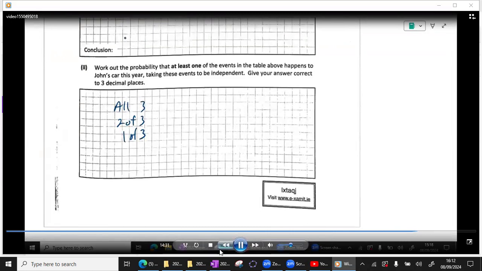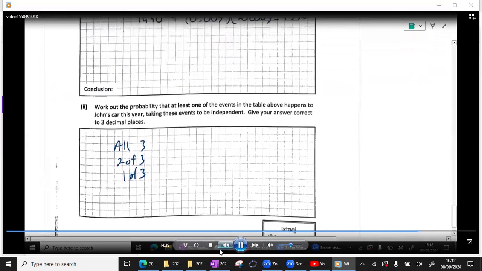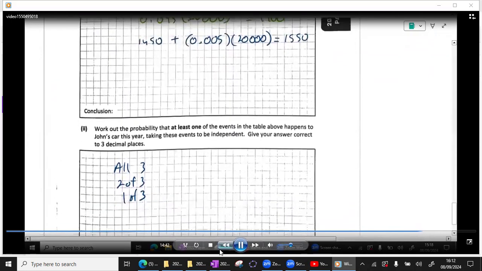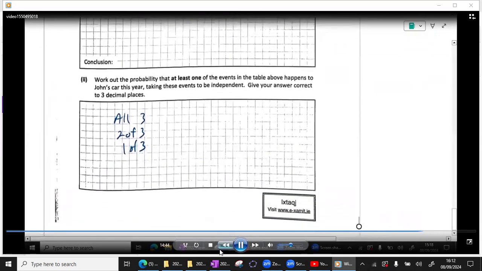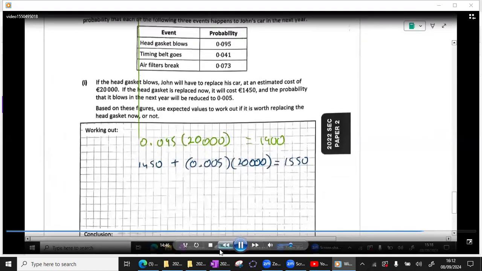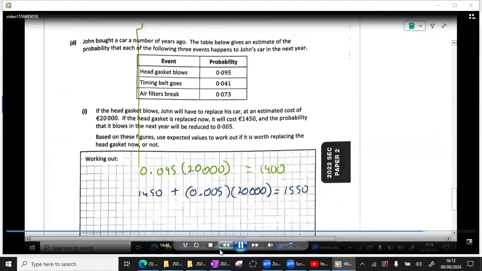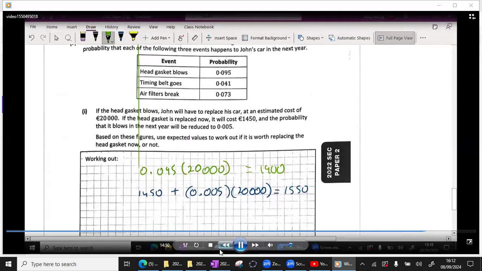So what we'll do is have a look at it not happening, because it's actually easier. Instead of looking at least one, let's look at it not happening at all.